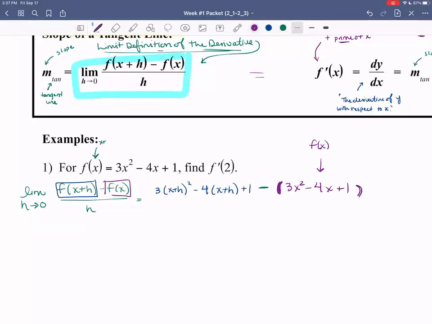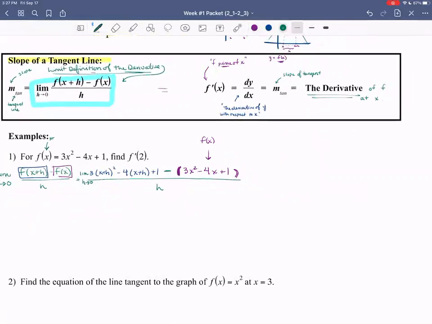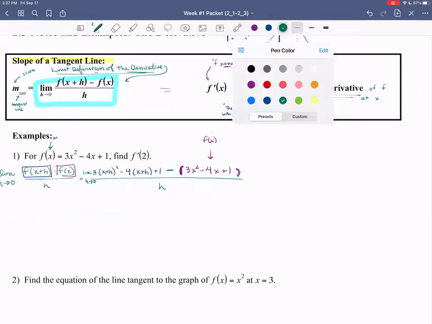Since we're subtracting that f of x, it's really important to keep all of the terms there in parentheses. All right, so that's our numerator, and then we're going to have all over h. And I forgot to write the limit as h goes to 0 is what we're computing. So at this point, now we just need to simplify.